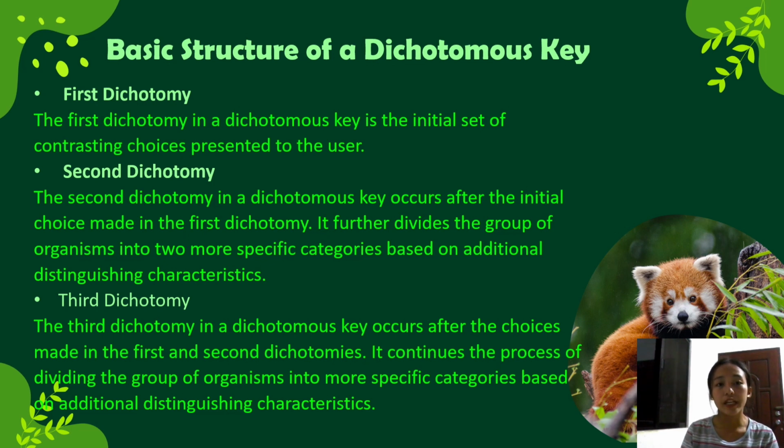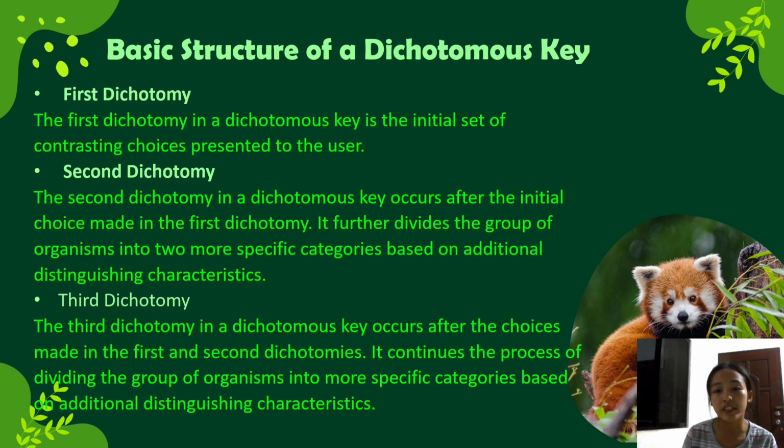There are three basic structures of a dichotomous key. First dichotomy. The first dichotomy in a dichotomous key is the initial set of contrasting choices presented to the user. Second dichotomy. The second dichotomy occurs after the initial choice made in the first dichotomy.